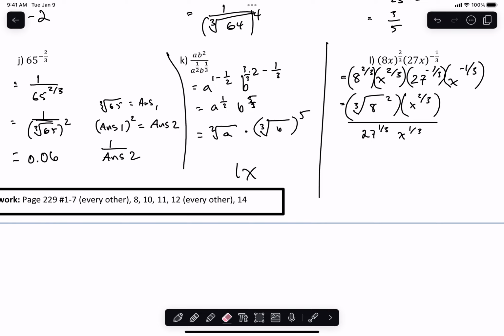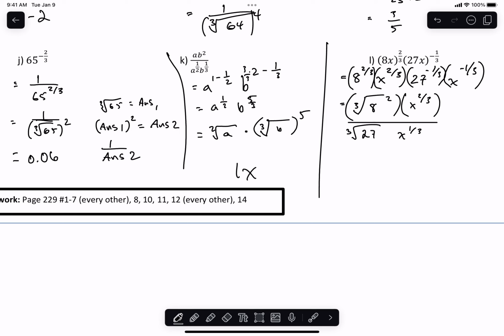Okay, we could actually take this now and rewrite it as the cubed root of 27 multiplied against the cubed root of x. But I'm going to leave x to the power 1/3 for a sec for you to see something. Is everyone okay how we got there?